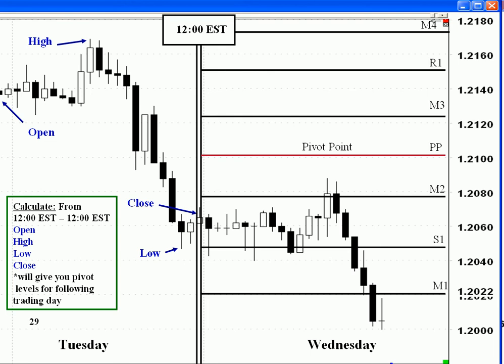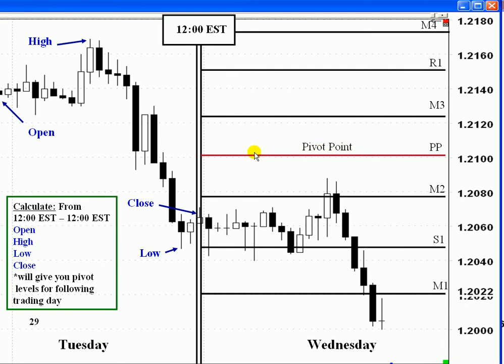So during this day of trading, we have our opening price, our high price that was achieved that day, the top of this wick, the lowest price achieved on that day, and the price at which market trades as it moves into the following day. So we will calculate the open, the high, the low, and the close. And there's a formula that will be employed to determine the pivot points that will appear on our chart the following day.